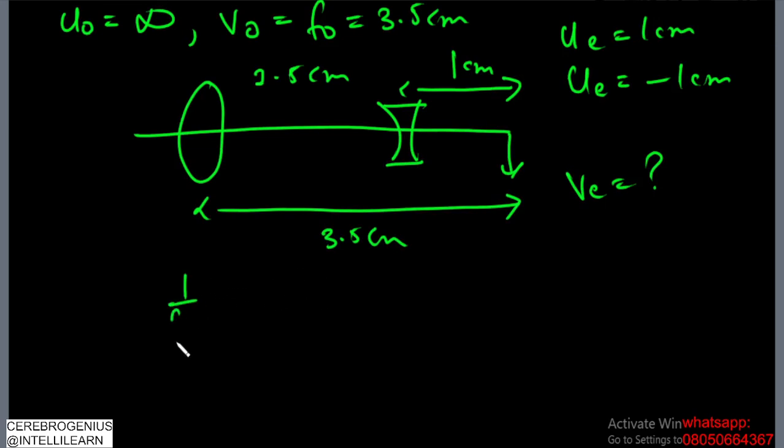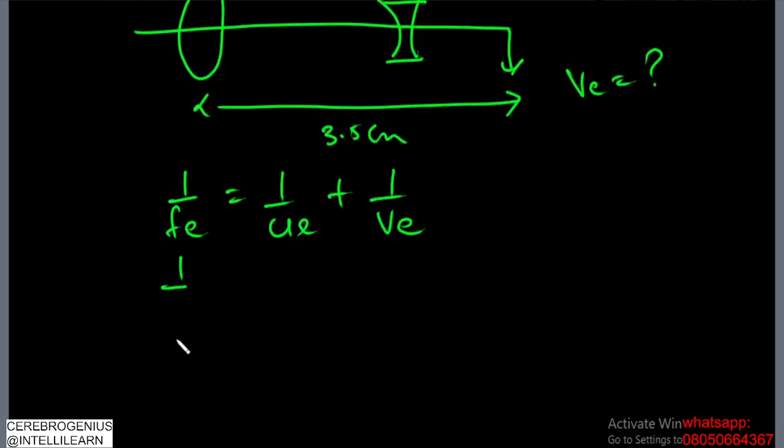So we say 1 over FE equals 1 over UE plus 1 over VE. So 1 over minus 1.8 is equal to 1 over minus 1 plus 1 over VE. So I'm going to have plus 1.